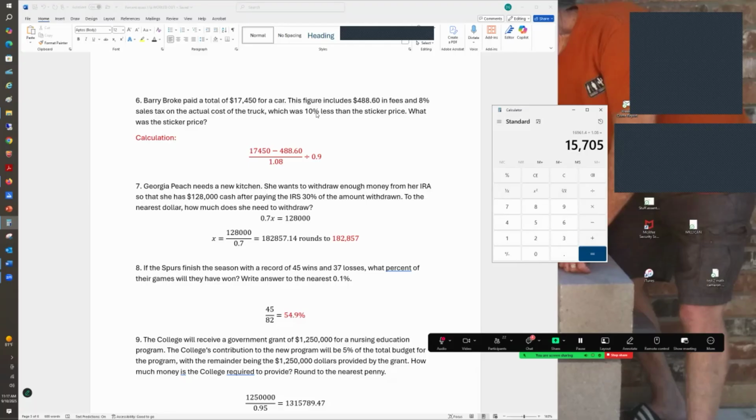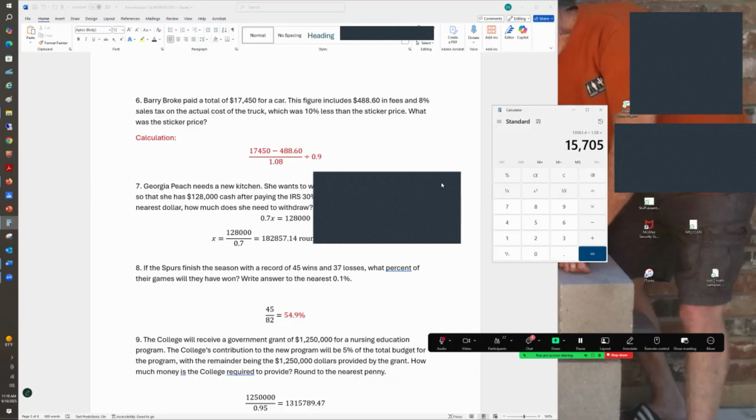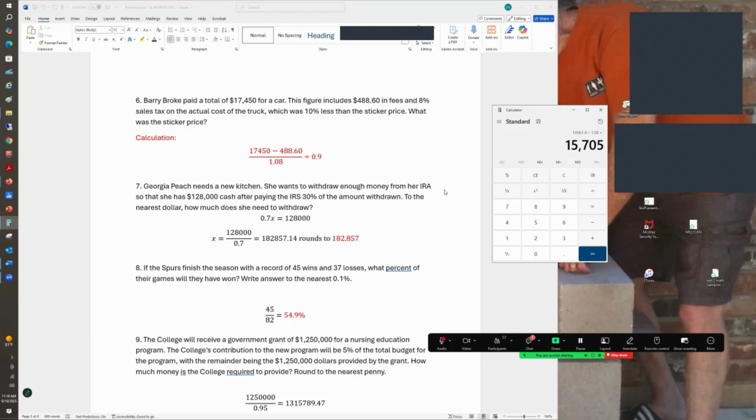And that reflects 10% off the sticker price, which means what? This is the other 90% that's not off. So what is 15,705 90% of? It's some number times 0.9. To get that number back, you have to divide that, believe it or not, by 0.9, and the answer will get bigger. That's the nature of the beast. It's $17,450.